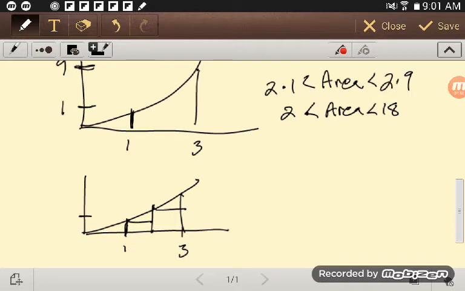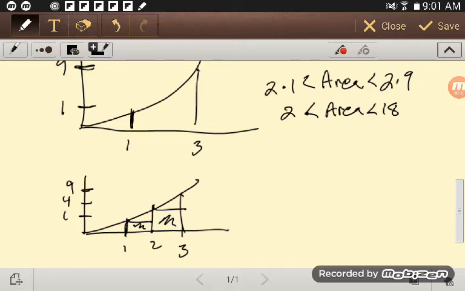Right, so I know that's at 1, this is 2, so that's at 4, and this one is at 9. And so for my minimum, I now have this rectangle and that rectangle that are definitely smaller than the area when I add them together.